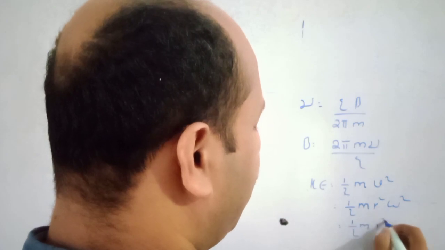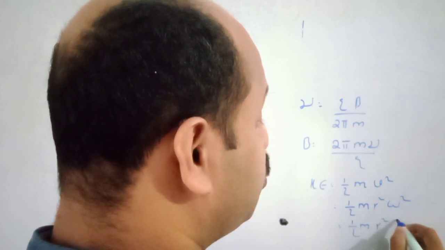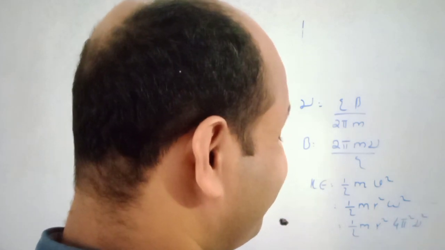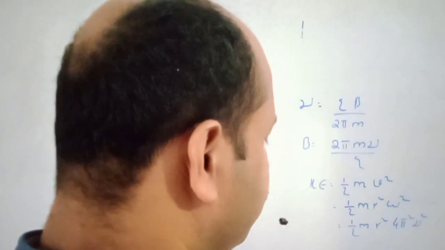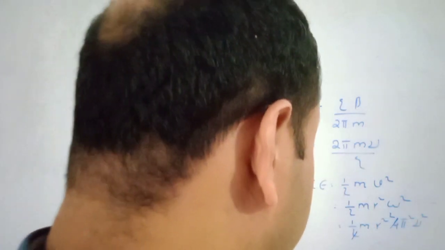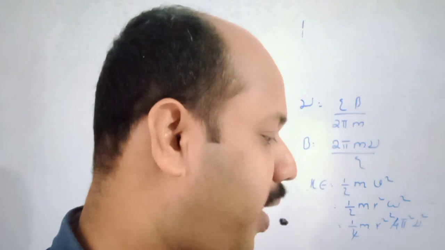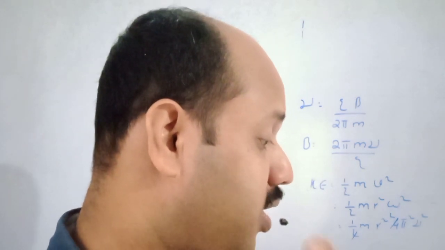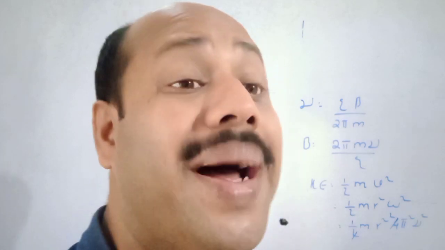Omega is 2 pi nu, therefore 4 pi square nu square. Now 2 got cancelled. Therefore it is 2 pi square m r square nu square, right? Therefore the choice is 3.